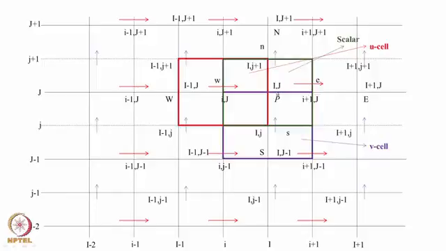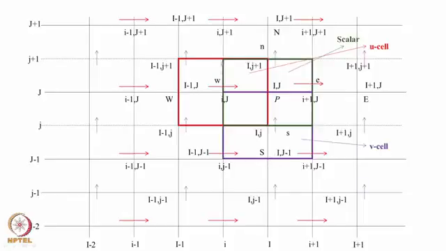To locate a node, given as P here as a pressure node, we have capital I, capital J. On one side the face is small i and capital J, because you are on the same horizontal line, and moving to the right you have small i plus 1 and capital J. If you go vertically, capital I is retained because you are on the same vertical line, and small j plus 1 and small j minus 1.